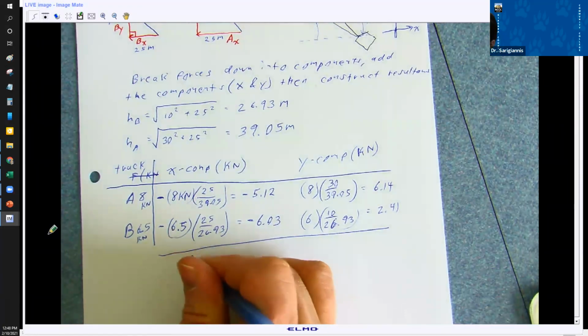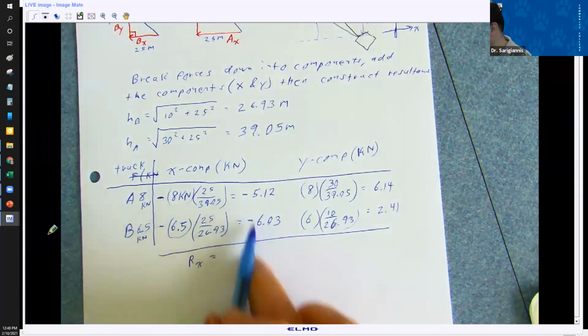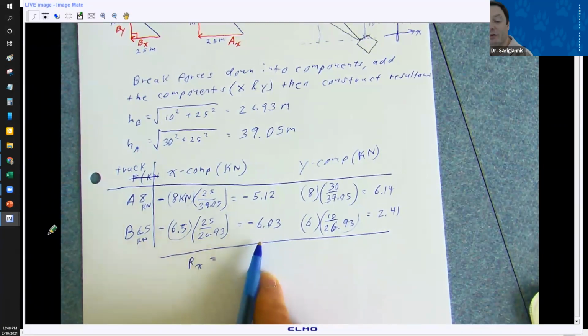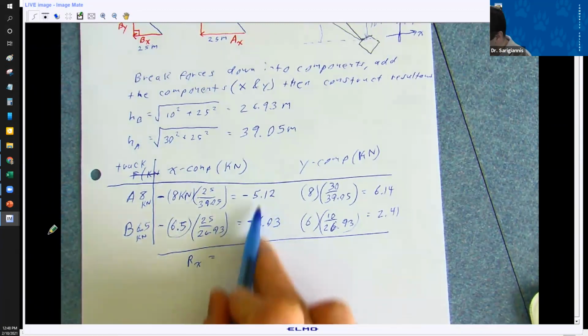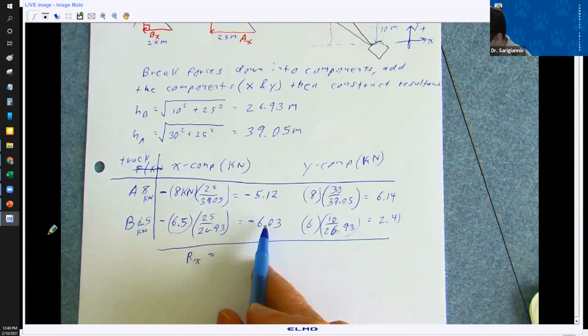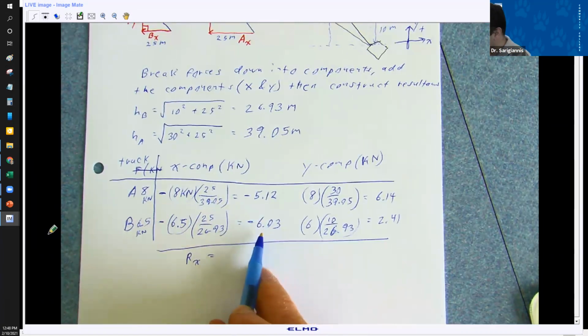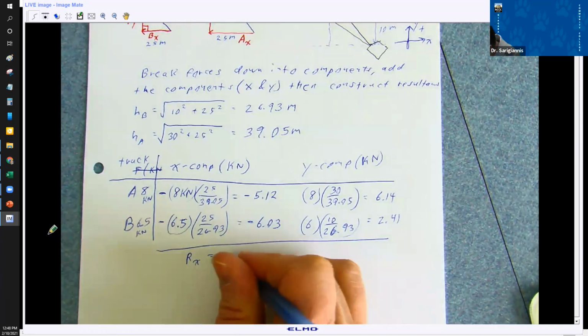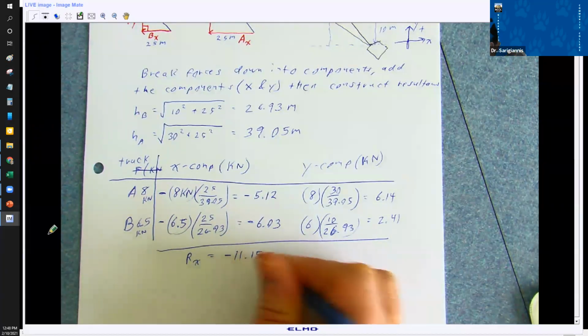The resultant of the X components, right? The total X component force is the sum of these, right? And in this case, we've got 2 trucks acting together in the X direction, the negative X direction. So this is a negative 11.15.